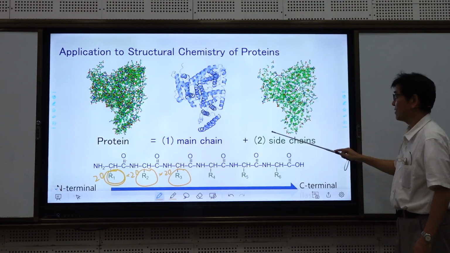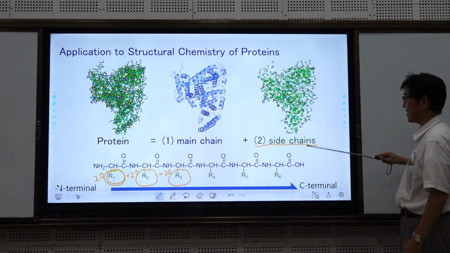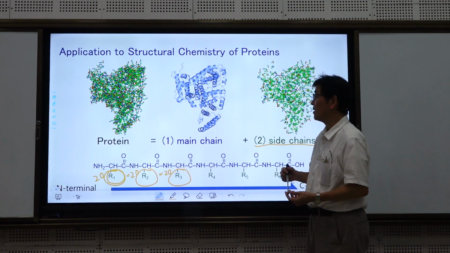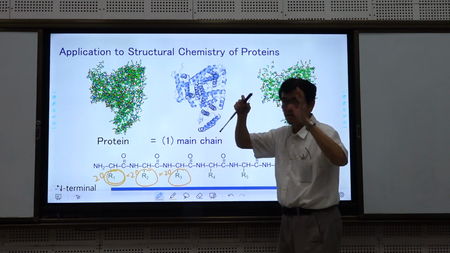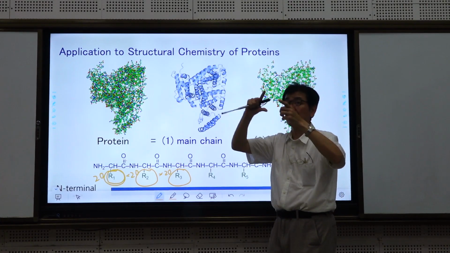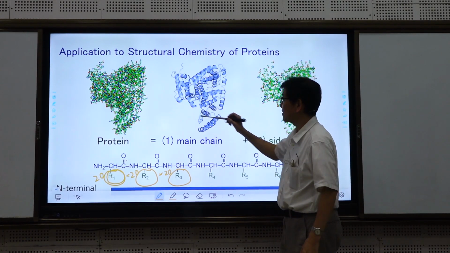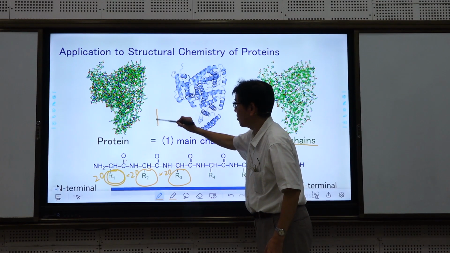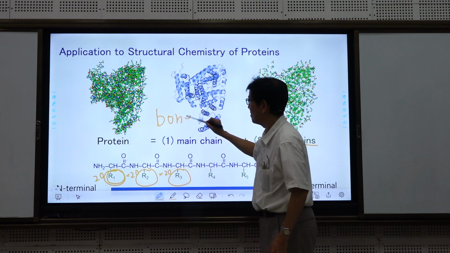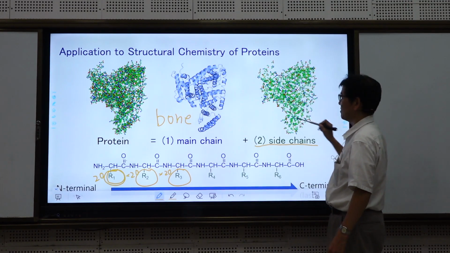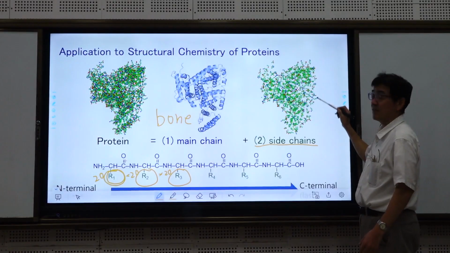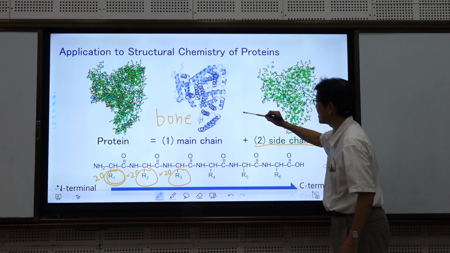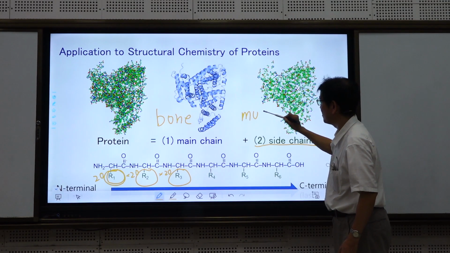So the green part is the side chain. The main chain determines the structure of the protein. So, for example, this may be regarded as a bone, and this part is deeply related to the character of the protein, so it may be regarded as a muscle.